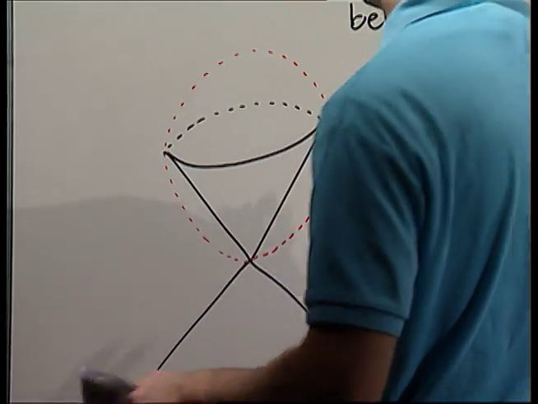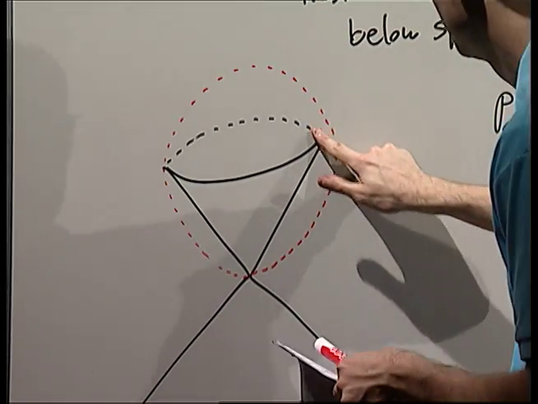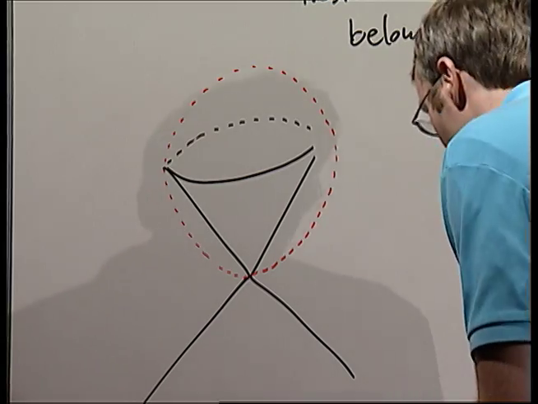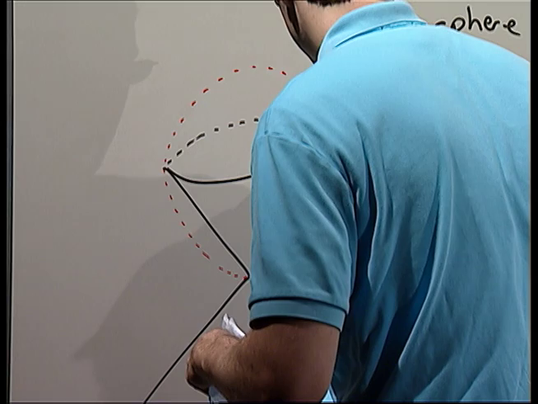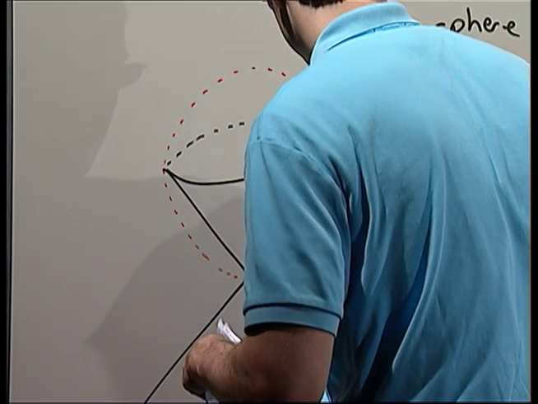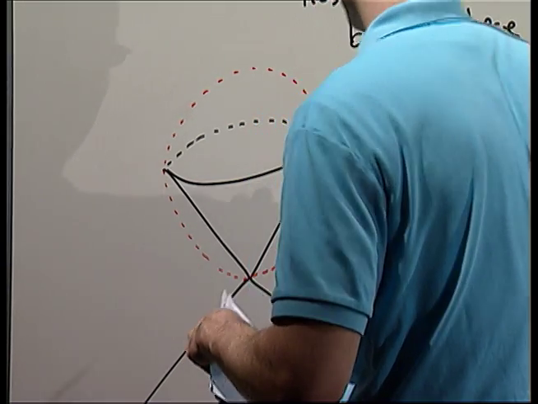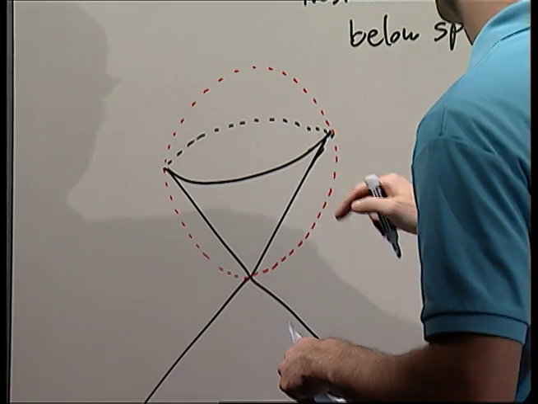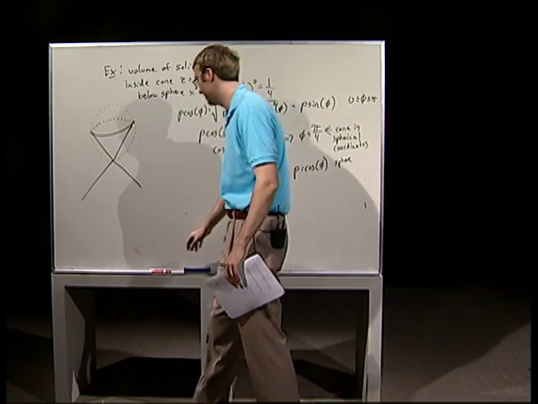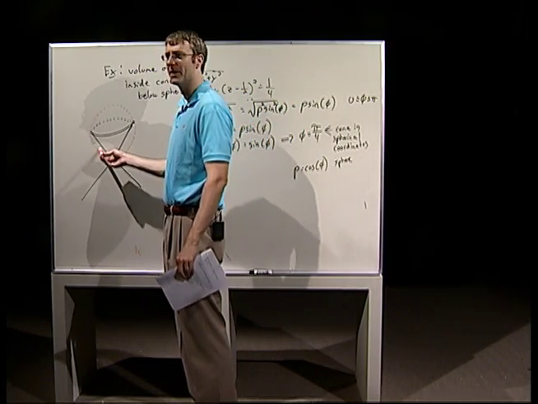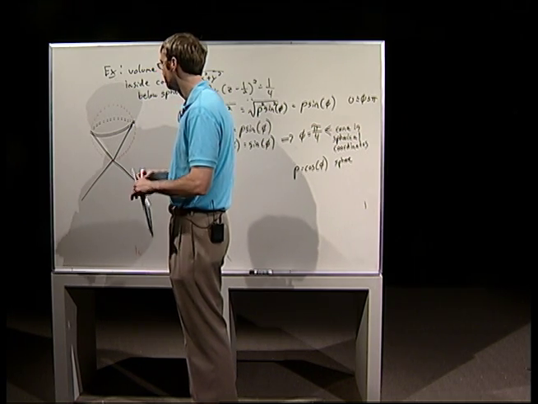Well, it sort of missed the cone a little bit, didn't it? But we can fix that. There. So the sphere looks something like that. Close, but good enough. So there's a sphere, and what I care about is inside the cone and below the sphere. So this stuff out here is outside the cone.